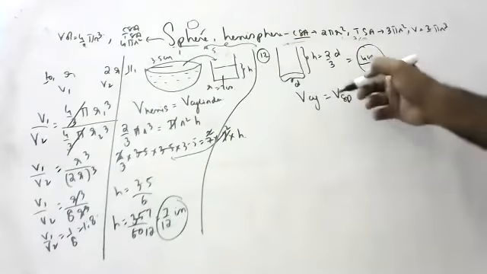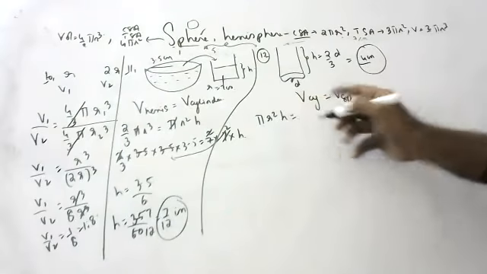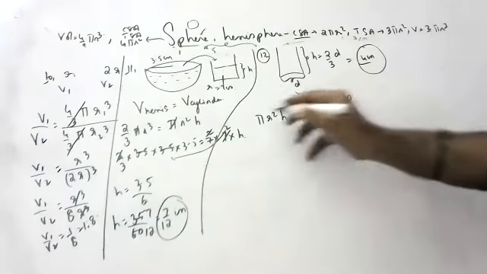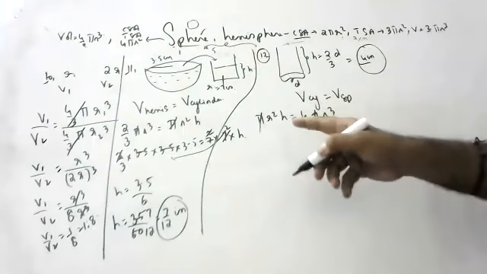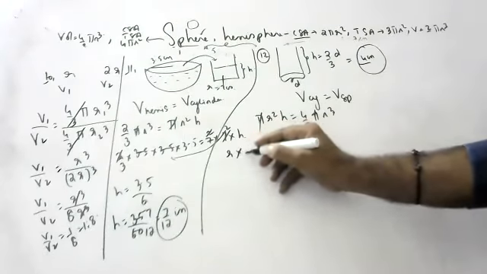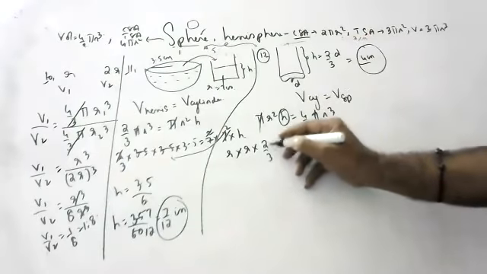Volume of cylinder and sphere are the same. Volume of cylinder pi r square h equals volume of sphere 4 by 3 pi r cube. Pi cancels. R into R into h, where h is 2 by 3 of the diameter.